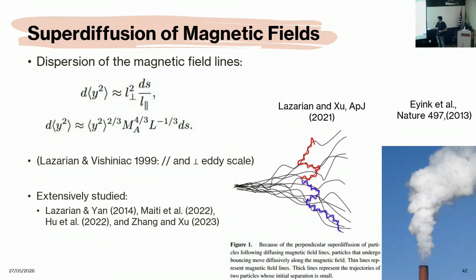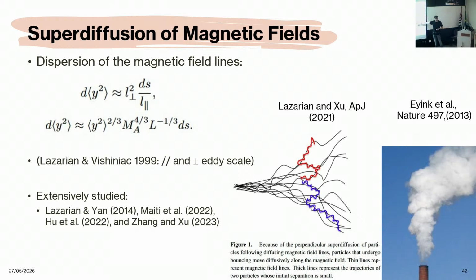If we get a lot of lines that are close at one point, and we go along them, we start to see that they spread. This spreading of the lines is similar to what we see, for instance, in the atmosphere with smoke, which we call Richardson diffusion. So these lines are just spreading, and this allows the particles to bounce around.